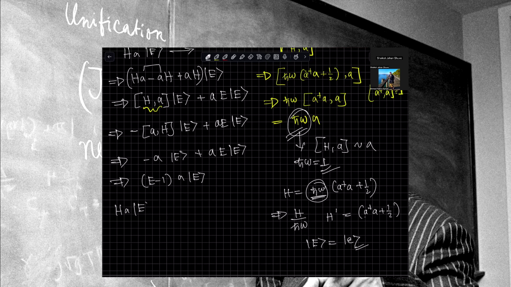H of A, E equals E minus 1, A of E. Now think of it like this. A of E is some A prime, some sort of a linear transformation, because A and A dagger are linear operators, right? They're written as a linear combination of the position and the momentum. So H acting on E prime will give you E minus 1, E prime.